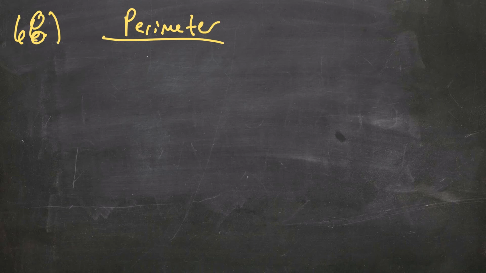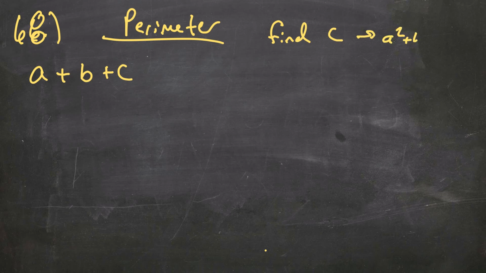68 is a little bit longer because we have the perimeter of a triangle. The perimeter of a triangle is side A plus B plus C, but to find C, you need to know the Pythagorean Theorem, which is a squared plus b squared equals c squared. And to find c, you take the square root of everything, so c equals the square root of a squared plus b squared.